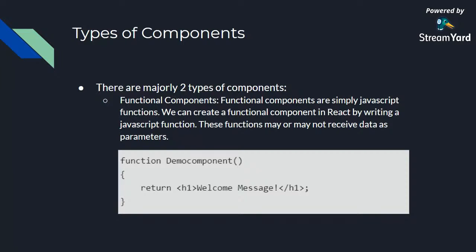We are just going through the basics of how components look and how many types there are. So the first major type is the functional component. It's just a JavaScript function which returns some HTML. We cannot pass any data to it. We cannot interact with any other component with it. It's just a function that returns HTML code.